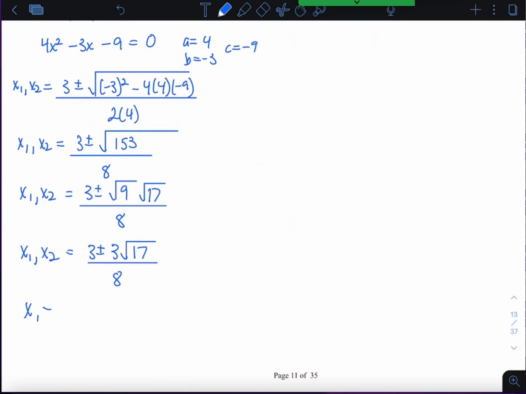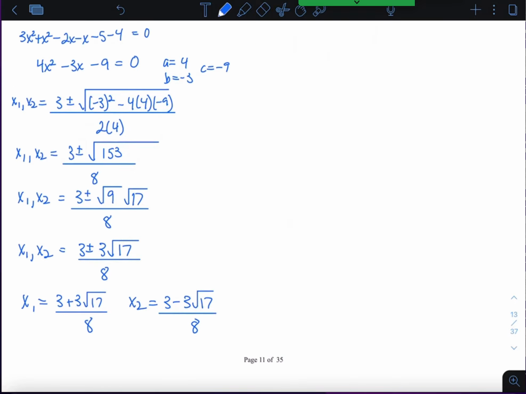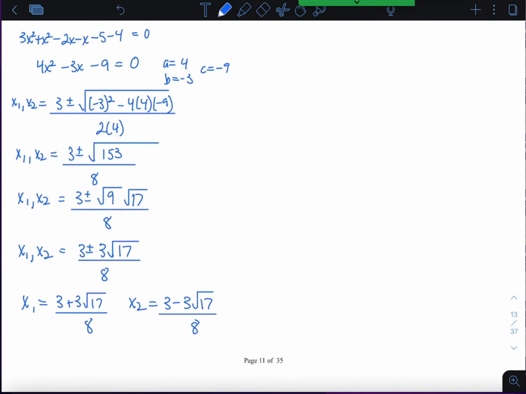So x1 is going to be 3 plus 3 root 17 over 8, and x2 is 3 minus 3 root 17 over 8. All right.